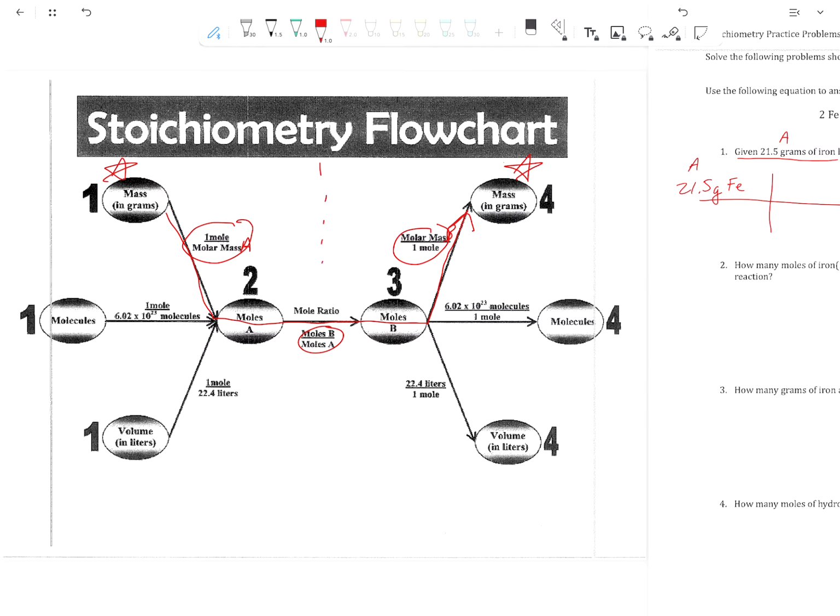Everything on this flow chart is important. This is the A side, this is the B side. This is what we know, and this is what we're trying to find, what we don't know. Okay, so let's go ahead and solve this problem.